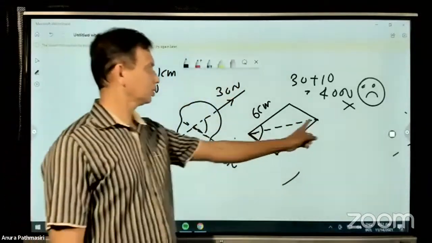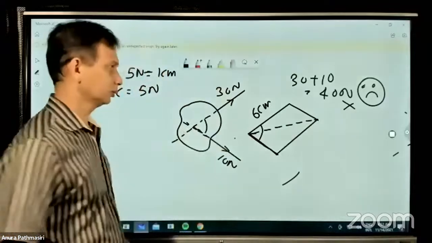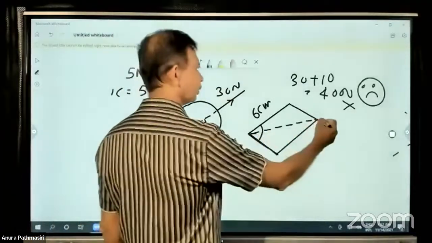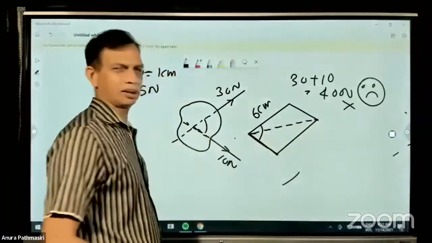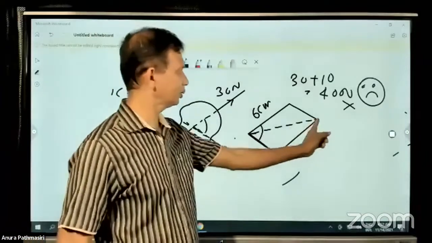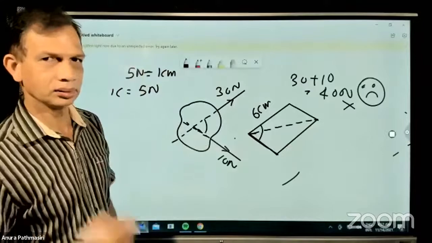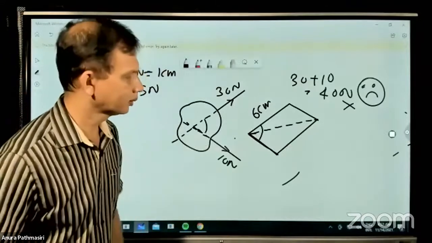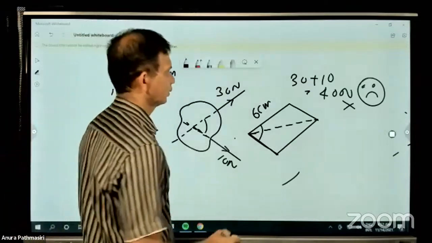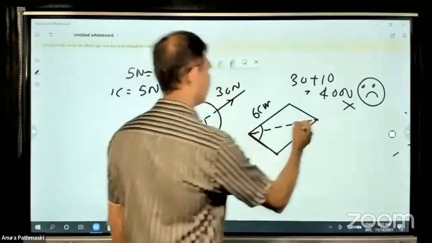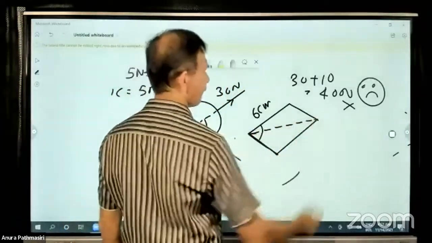What is this one called in maths, in English? Diagonal. Right. And measure that one.